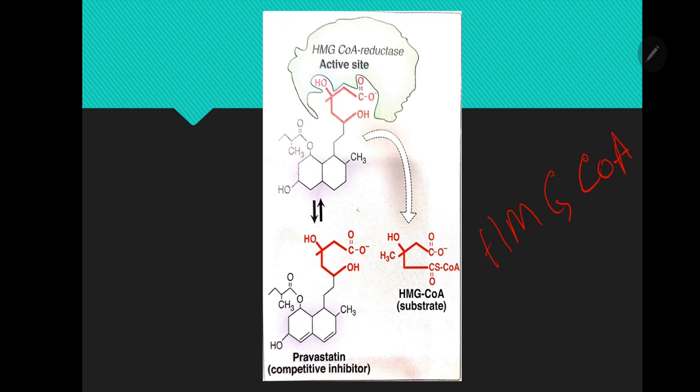They are analogous to the natural substrate and they inhibit HMG-CoA reductase. By this reaction, as I told you, de novo cholesterol synthesis is stopped, thereby lowering the plasma cholesterol level.